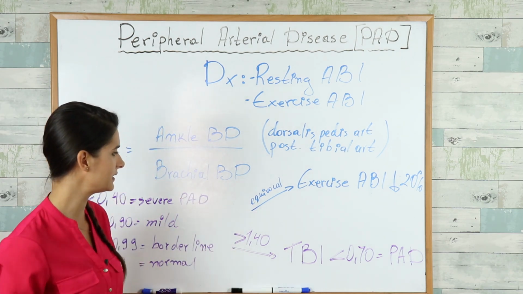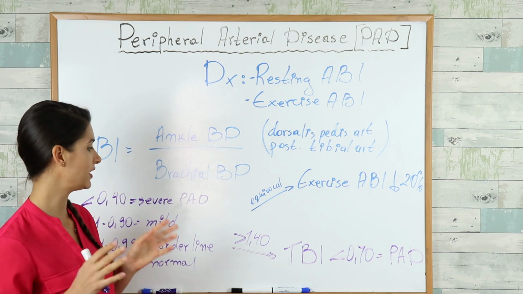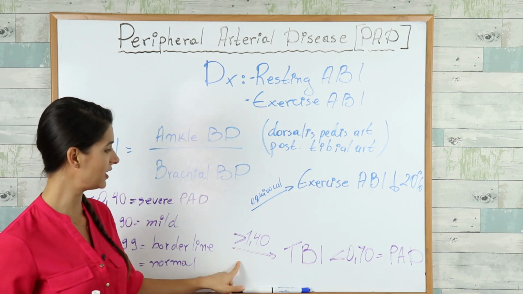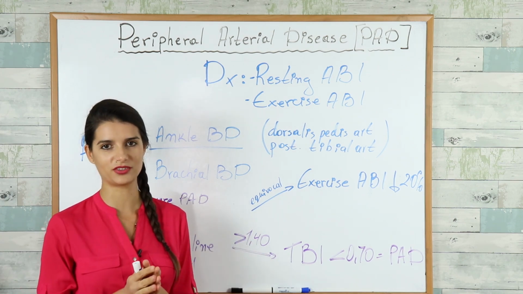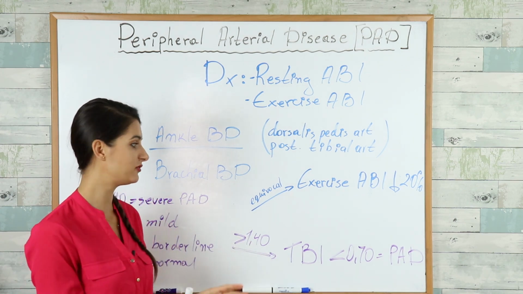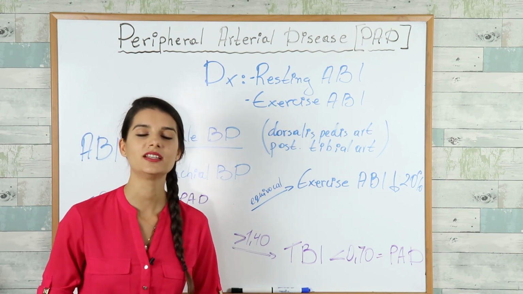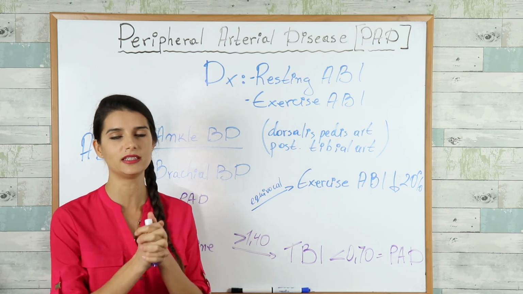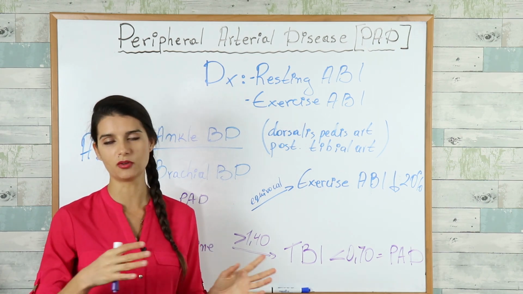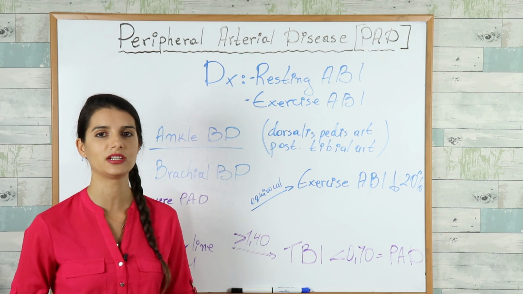Now there is the question of what if the ABI is more than 1.4 or 1.3. This is the tricky question here. When you see this falsely elevated value, you have to start thinking of arterial calcification, most commonly seen in diabetic patients with long-standing diabetes and end-stage renal disease.